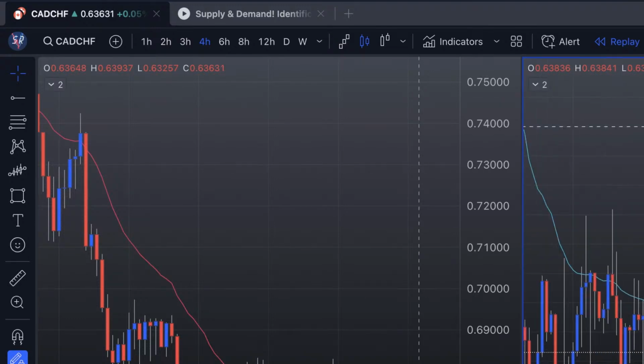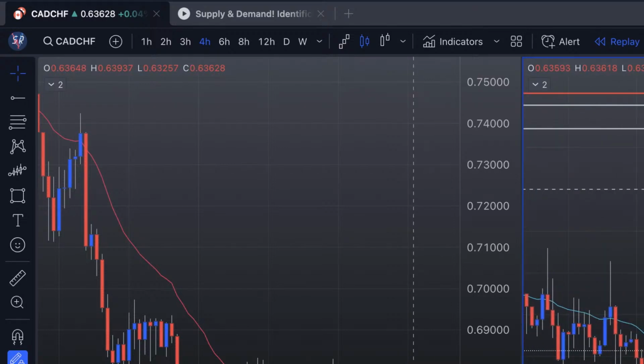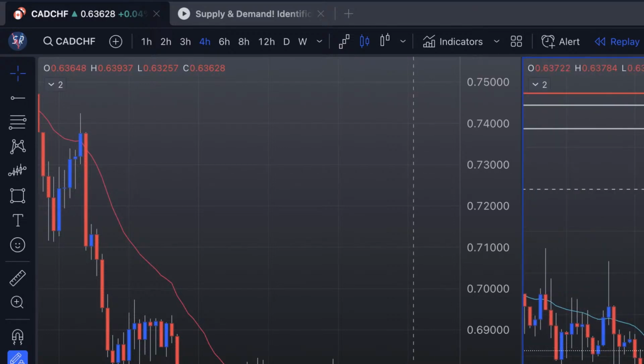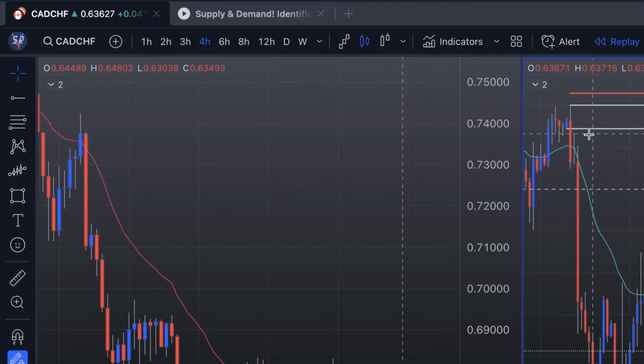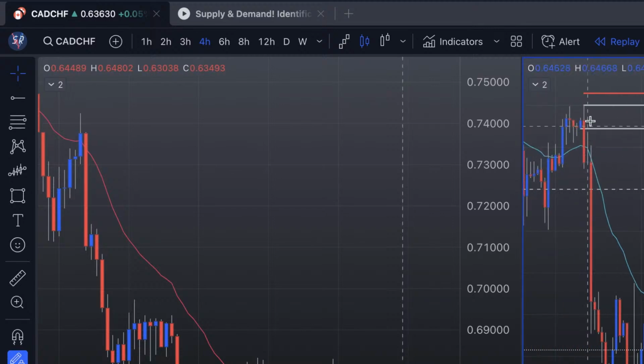CAD Swiss, similar story. Not really in that robust kind of minor uptrend. You can see demand got broken there, but we'll just have to see if this holds. And then within weekly supply, we got some sellers up there for sure.